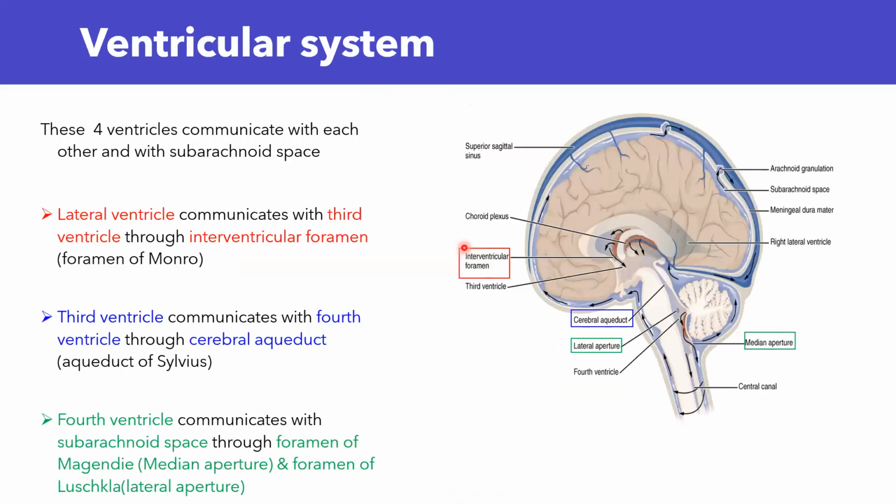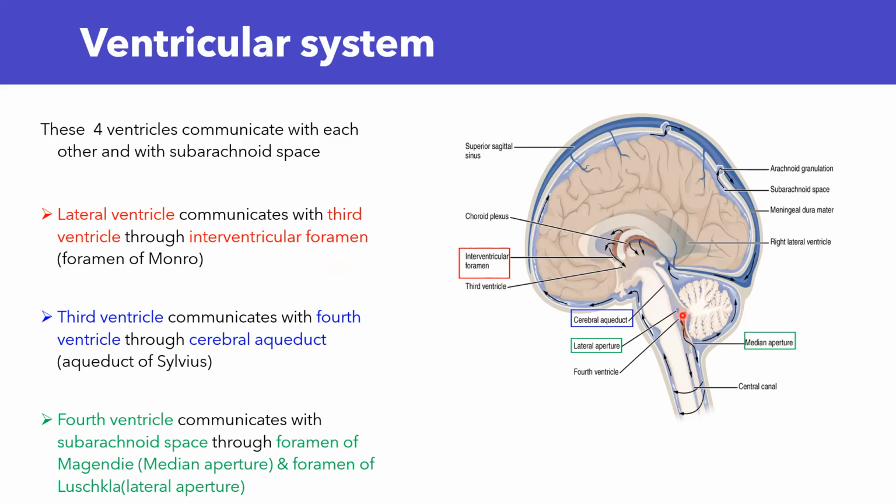These 4 ventricles communicate with each other and with the subarachnoid space. The lateral ventricles communicate with the third ventricle through the interventricular foramen, also known as the foramen of Monro. The third ventricle communicates with the fourth ventricle through the cerebral aqueduct, or aqueduct of Sylvius.